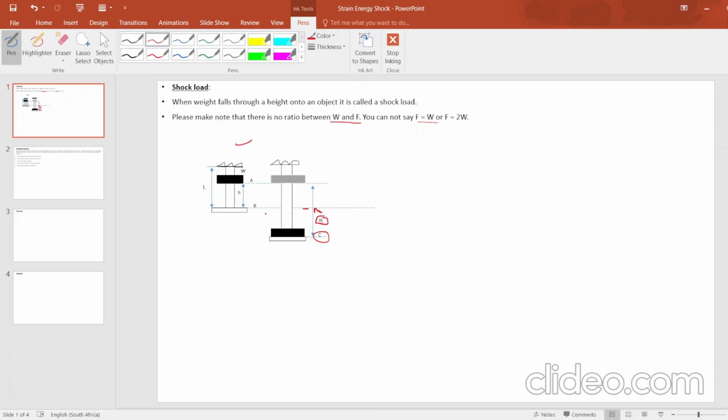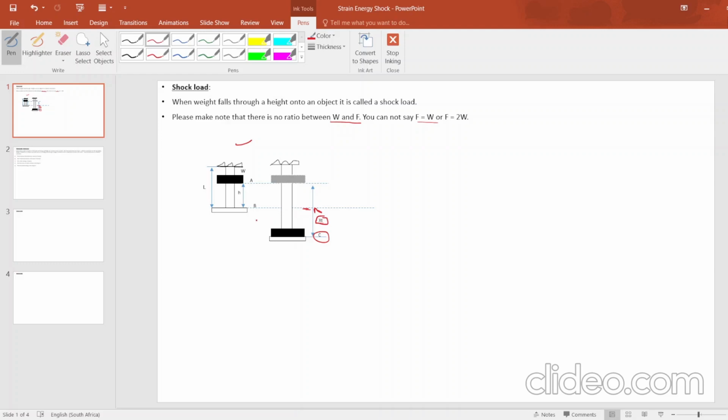Now you can tell that there would be a transference of energy. We said that strain energy is the transference of energy in the deformation. Here there's a deformation from point B to point C, which means there's a transference of energy, like we said in the previous videos defining strain energy.